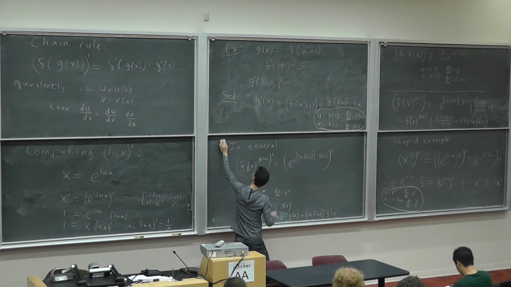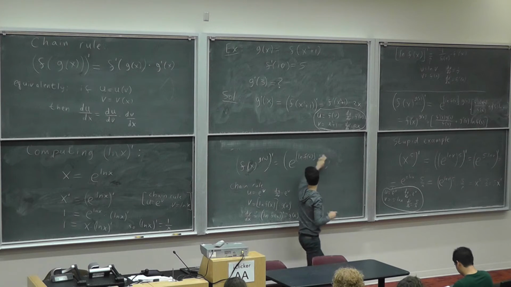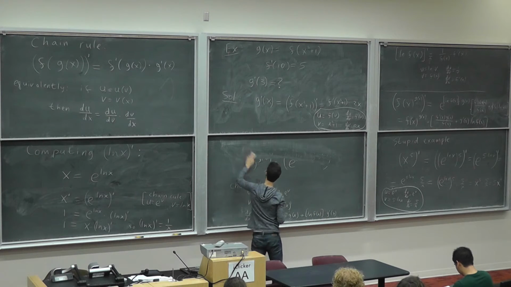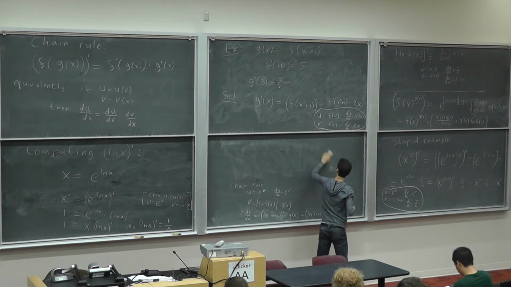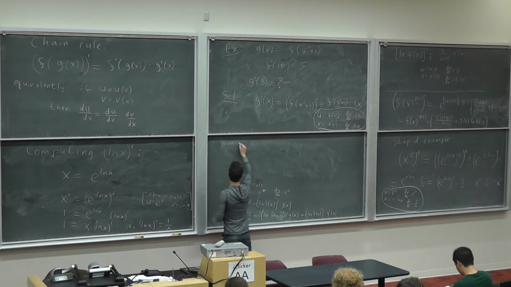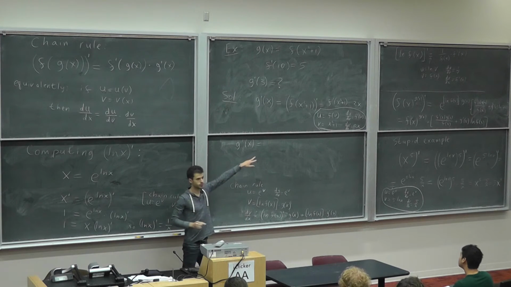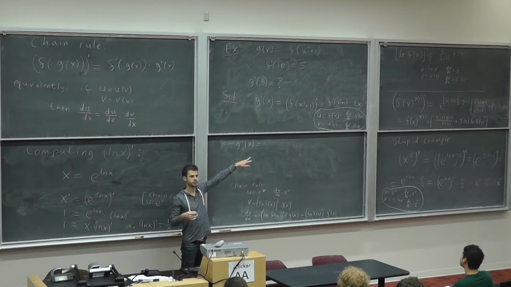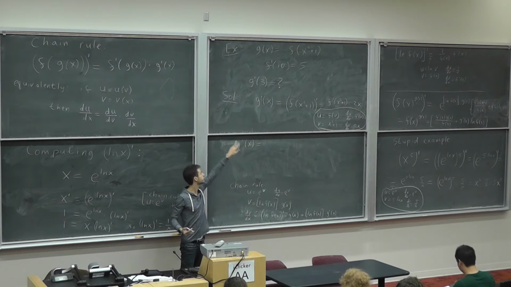So the next part is just plugging in the number that we're interested in. What is g prime at the point 3? Now, I'll take this expression that I got there, and instead of x, write 3.